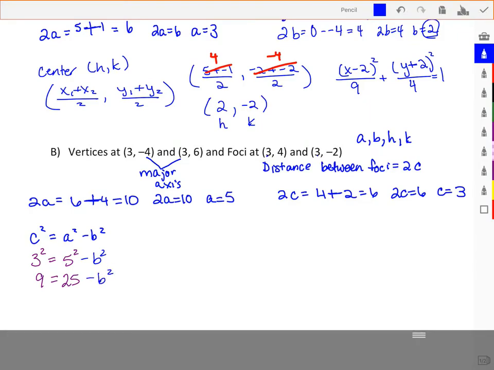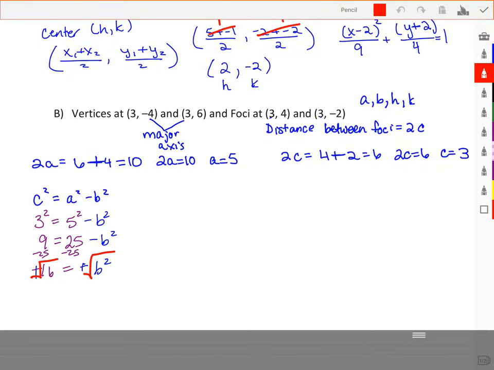Subtract 25 from both sides. I've got a negative 16 equals negative b squared. Dividing by negative 1, or just changing those signs, gives me 16 equals b squared. Square root both sides, and we've got that b is equal to 4.